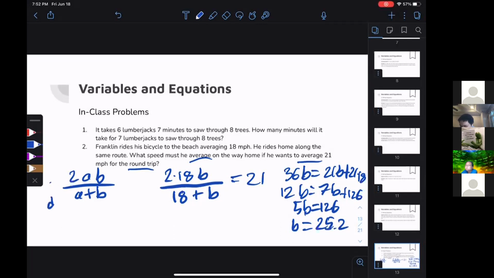Even though you're not given the distance, you can just set a variable for it as d maybe, and then 2d is the total distance, and the total time is the sum of the time you have to split into the two different legs of the journey: d over 18 plus d over the rate on the way back. Then you just get the same harmonic mean expression that he used. You solve for it and you get 126 over 5, or 25.2.